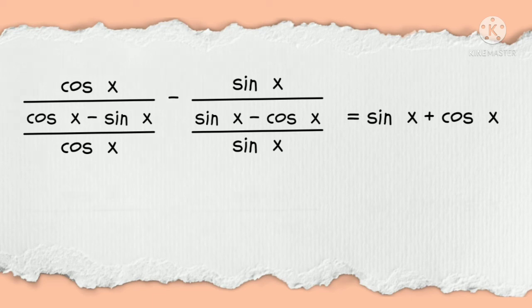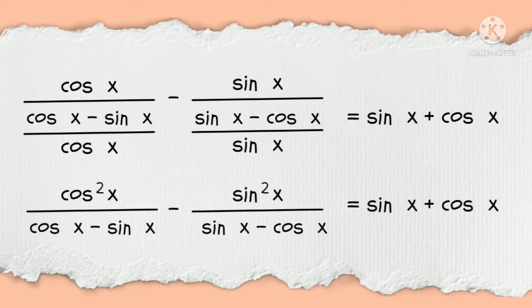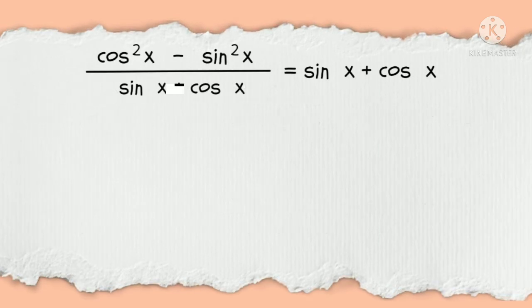If we do that, we will have cosine squared theta over sine theta minus cosine theta minus sine squared theta over sine theta minus cosine theta. Since the two terms are similar fractions, just subtract the numerator, then copy the denominator to have cosine squared theta minus sine squared theta over sine theta minus cosine theta.